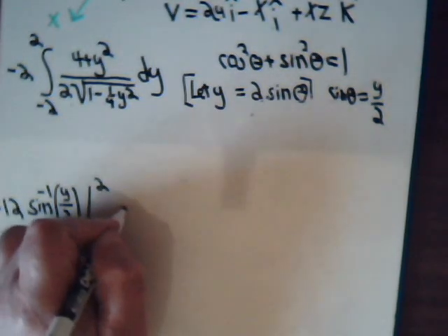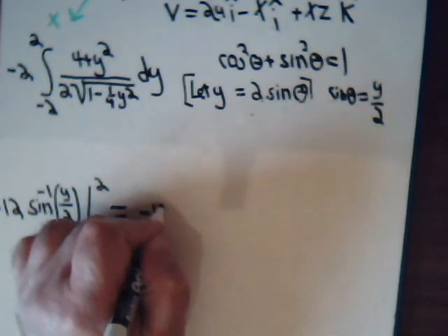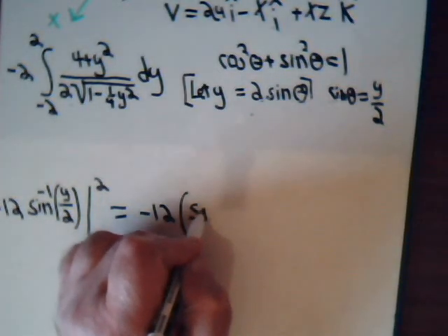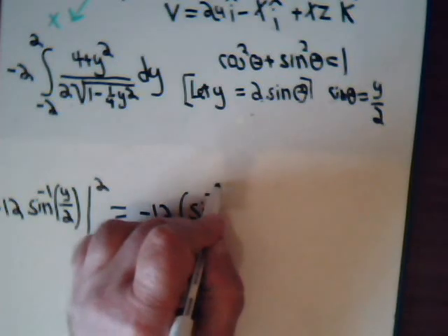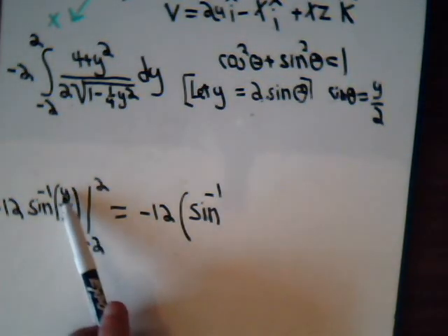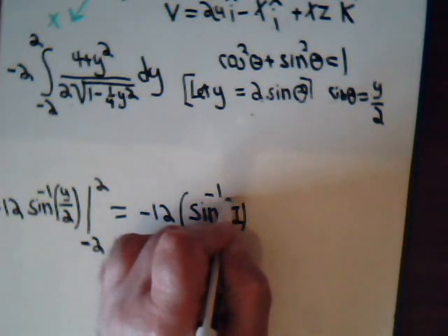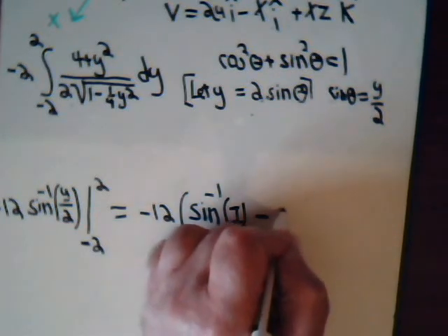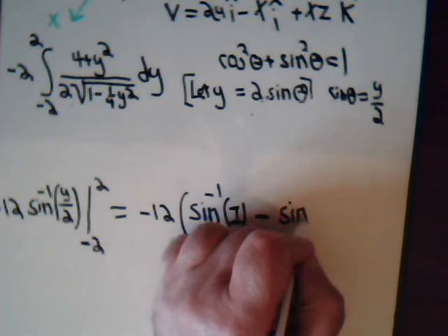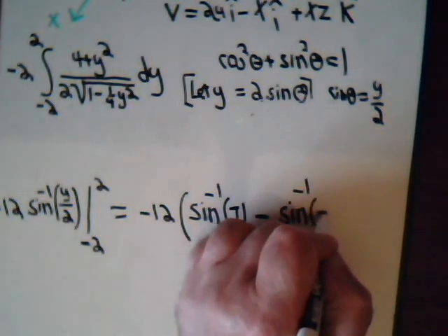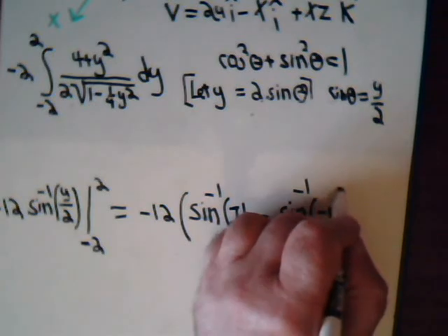And here this equals minus 12 times the inverse sine. Y is 2. That's the inverse sine of 1, minus the inverse sine, y is negative 2, of negative 1.